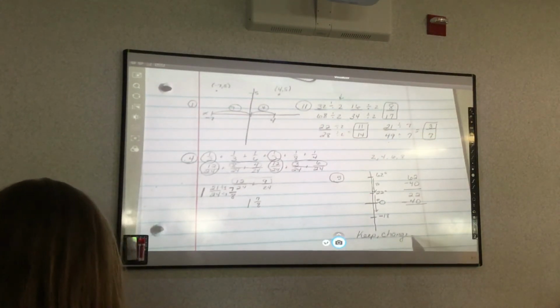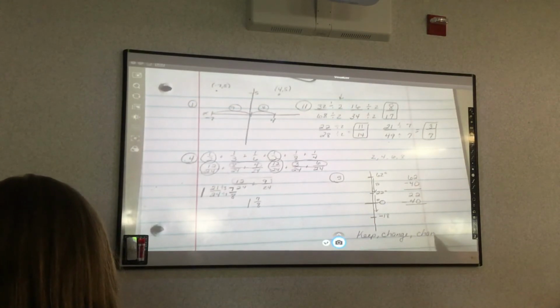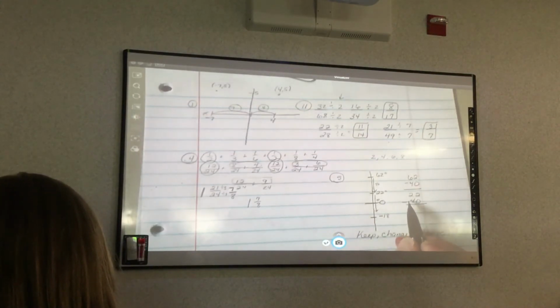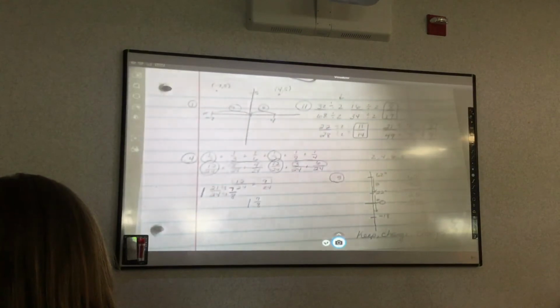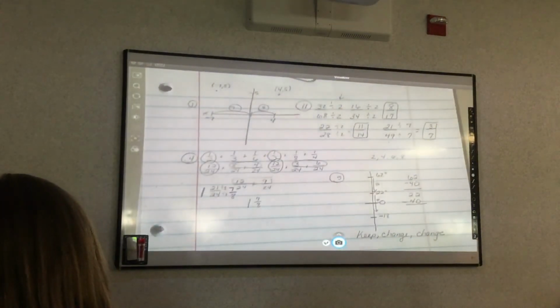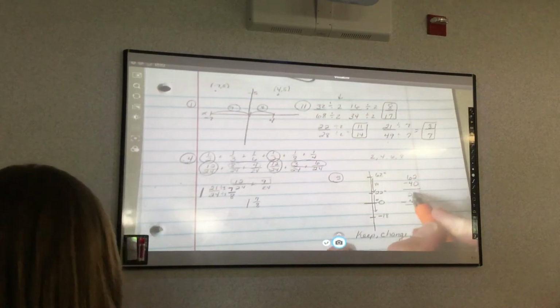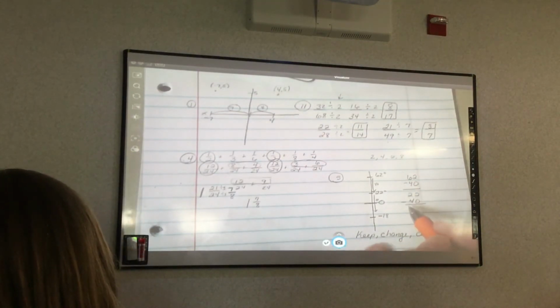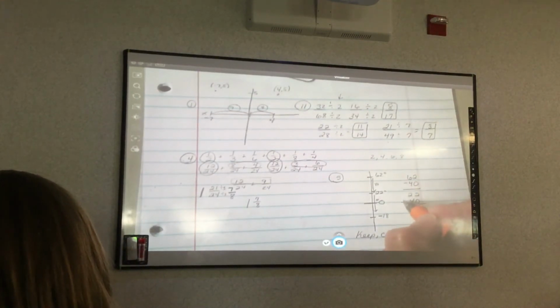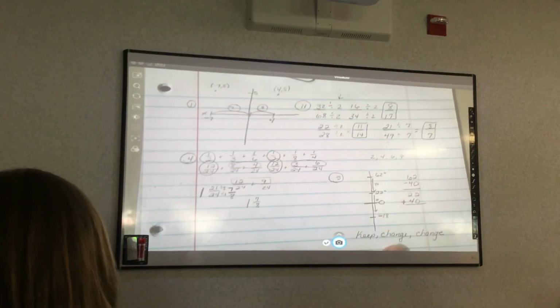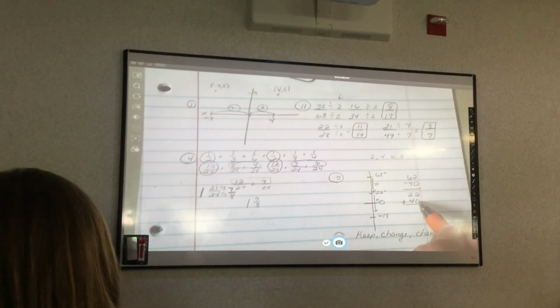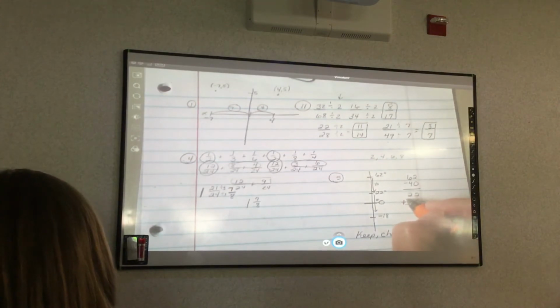We use this when subtracting integers, because I've got a bigger number on the bottom. When I subtract, you keep the sign of the bigger number, so it's going to stay positive. I change the subtraction to addition, and I change the positive number to a negative.